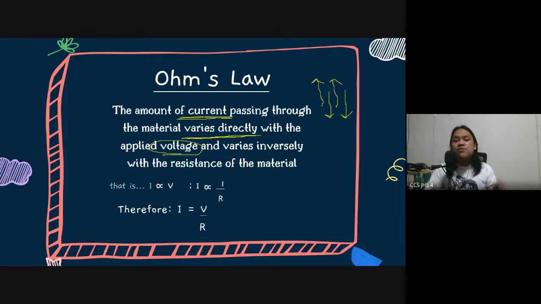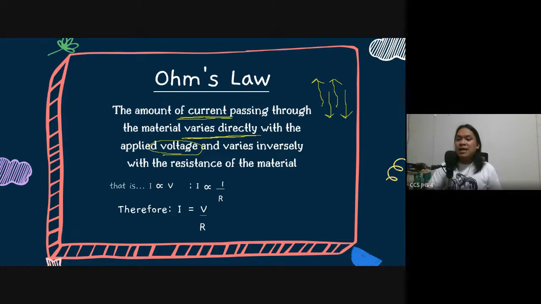Whatever happens to current also happens to voltage, and vice versa. If voltage goes up, current goes up too. If it goes down, the other goes down too. Understood? Very good.